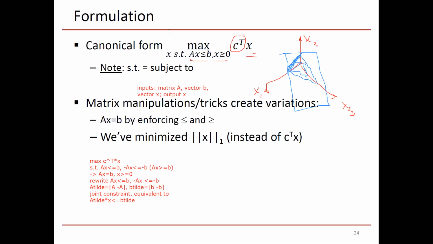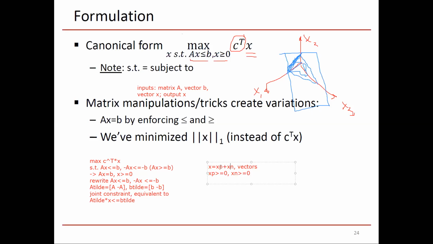And now let's think about, just like we described how to enforce an equal to for the AX equals B by modifying the canonical form of the linear program, let's now talk about how to enforce an L1 norm. So suppose that X is equal to XP plus XN. XP is a vector, XN is a vector, X is a vector, and XP is greater than or equal to 0. XN is greater than or equal to 0.